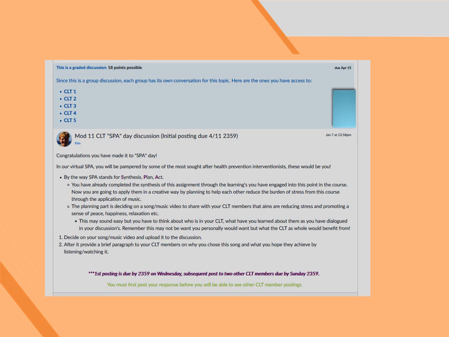Now, you just can't share any type of song or music video. You have to choose one that its aim and purpose is to reduce stress and that it emotes and promotes a sense of peace, happiness, and relaxation to the recipient, not to you, but to the person who you are going to share it with.